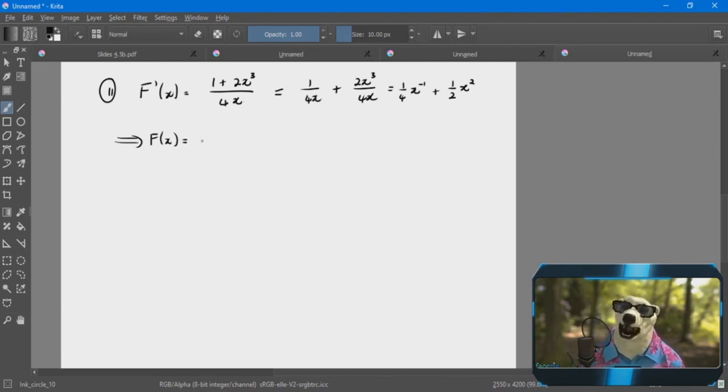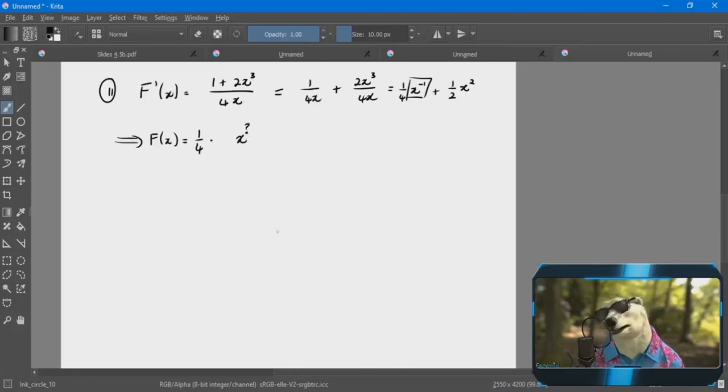I'm building my answer. So the 1/4 stays in front because it's just going to complicate the essence of the function, x to the -1. Now, what could it come from so that the power rule can give me a -1 power of x?